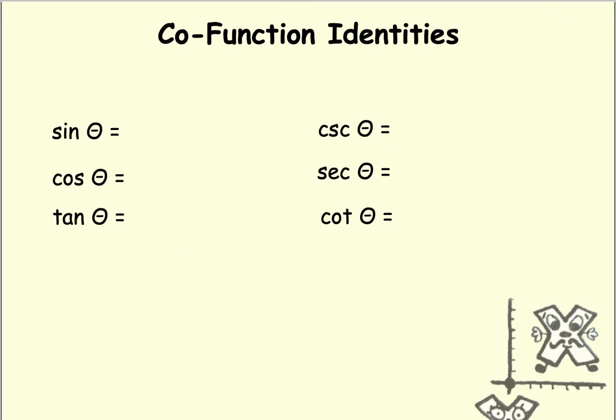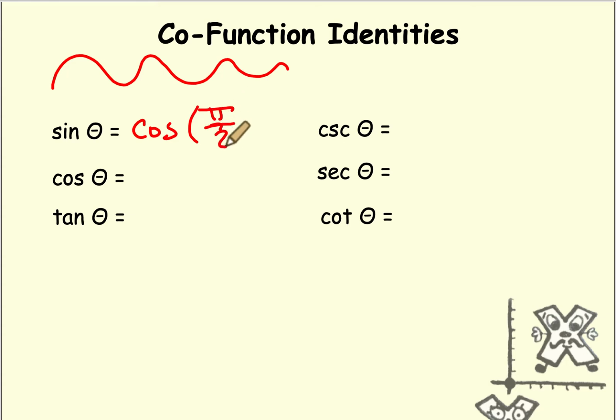Okay, so cofunction identities. So remember that what we figured out, like things like the sine function. If I just go ahead and I shift it and reflect it, I actually get the cosine function. That's what all of these are based on. Okay, so if I have the sine and I want to make it into a cosine, it's cosine of pi over 2, which is the phase shift, minus theta.